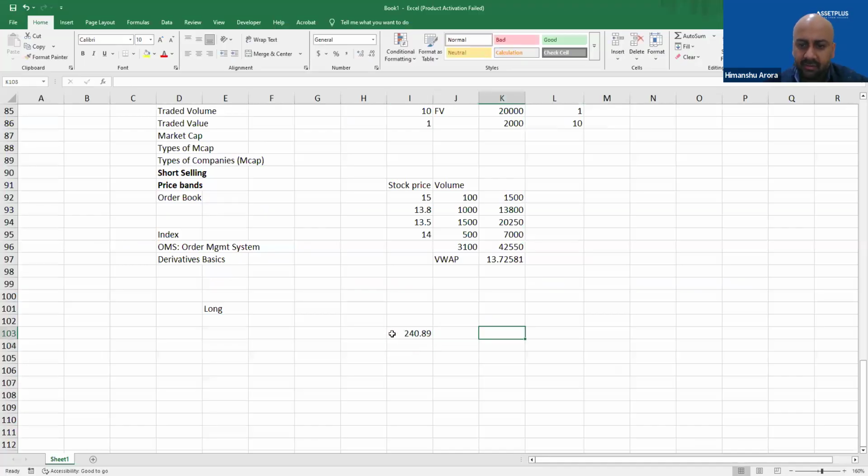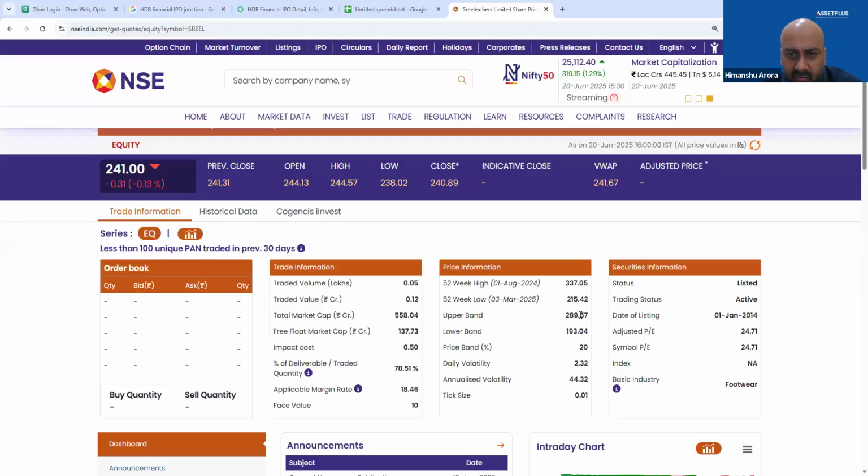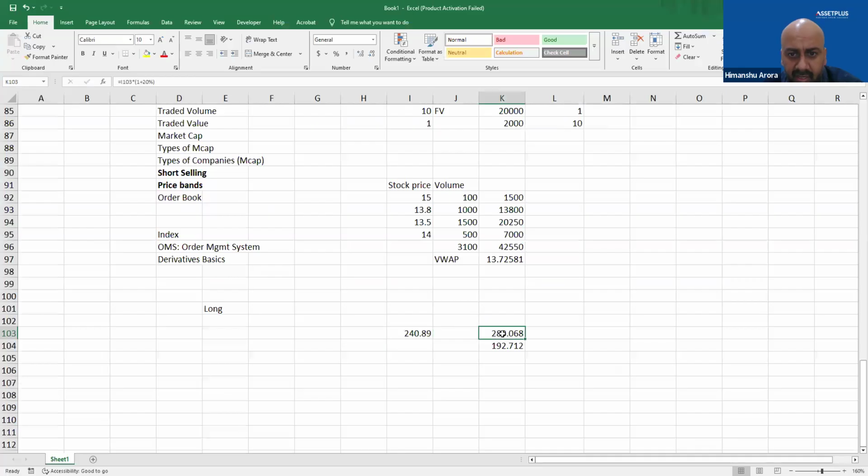So this times 1 plus 20%, and this times 1 minus 20%. 289.07, 192.7, or 289.29.07 should be the answer.